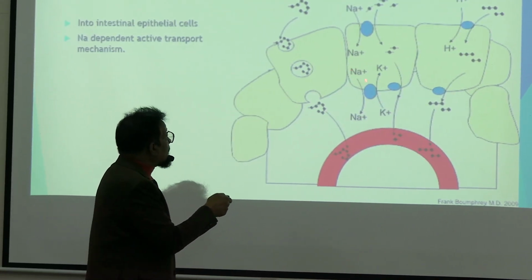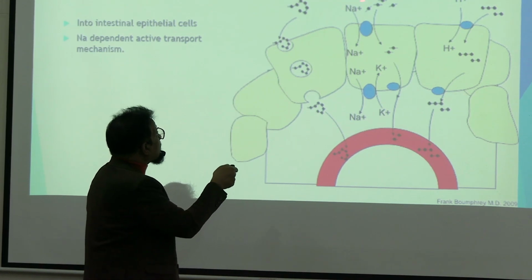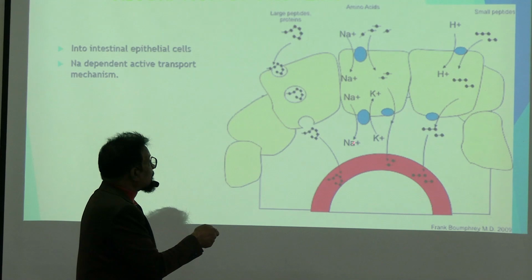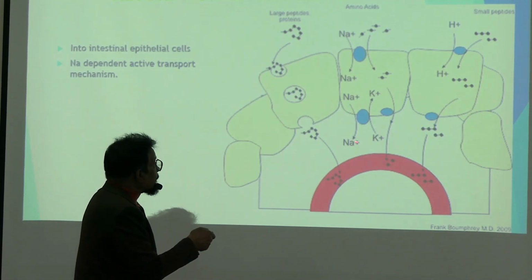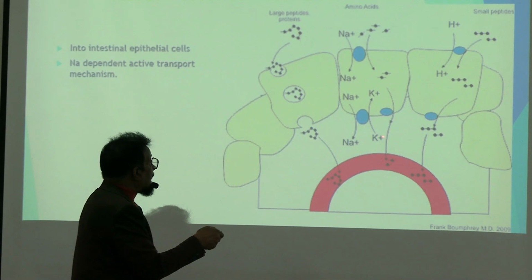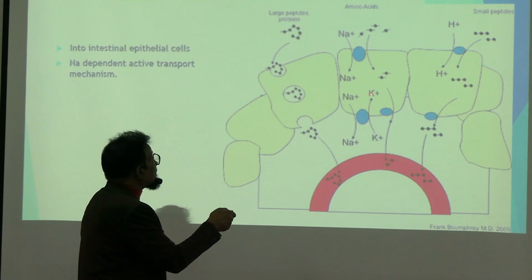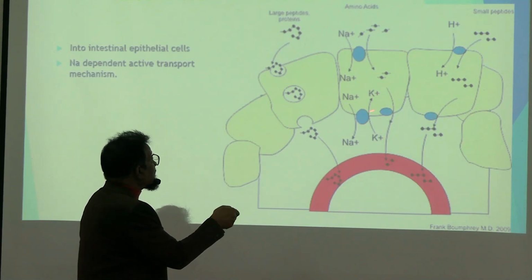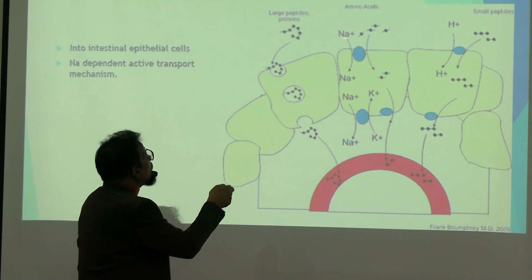The sodium that entered will be pumped out of the cell into the ECF. From ECF it will enter the blood. Similarly, from blood, potassium ion will enter the ECF, and from ECF it will enter the cell to maintain the balance. So this is the sodium potassium pump.